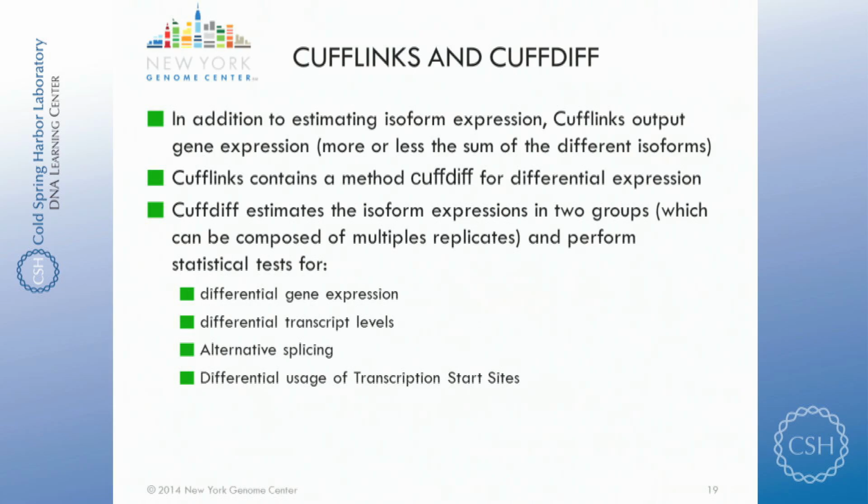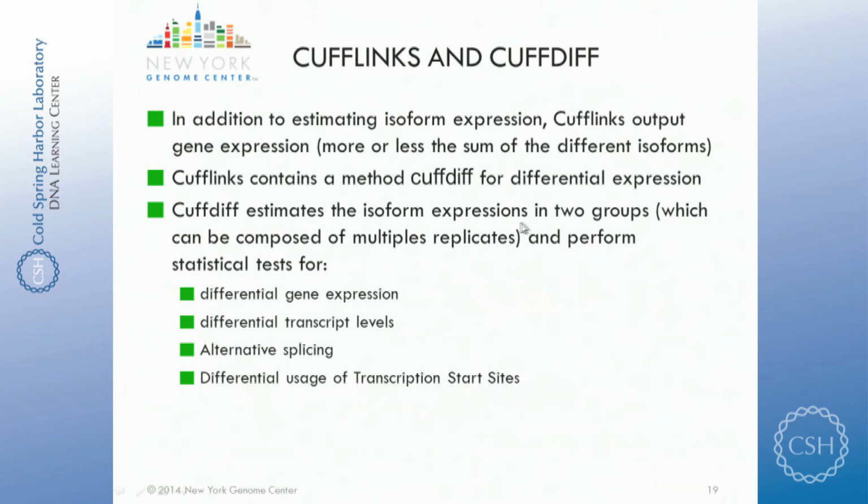So in addition to estimating transcript expression, Cufflinks also outputs the gene expression, which more or less is the sum of the expression from the different isoforms. It also comes with a method called Cuffdiff for differential expression.